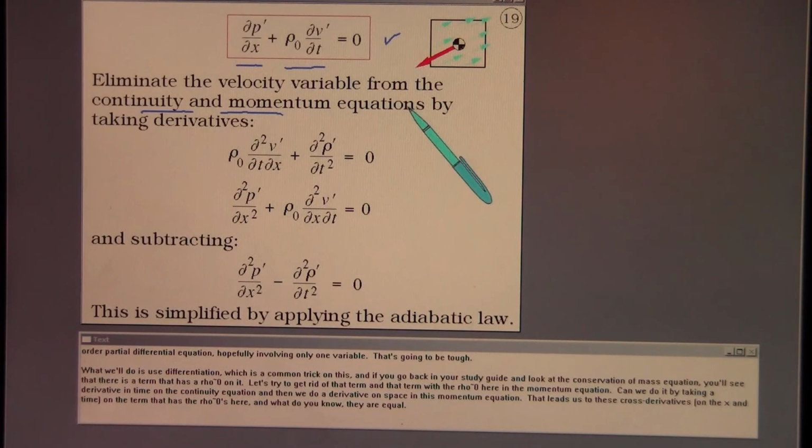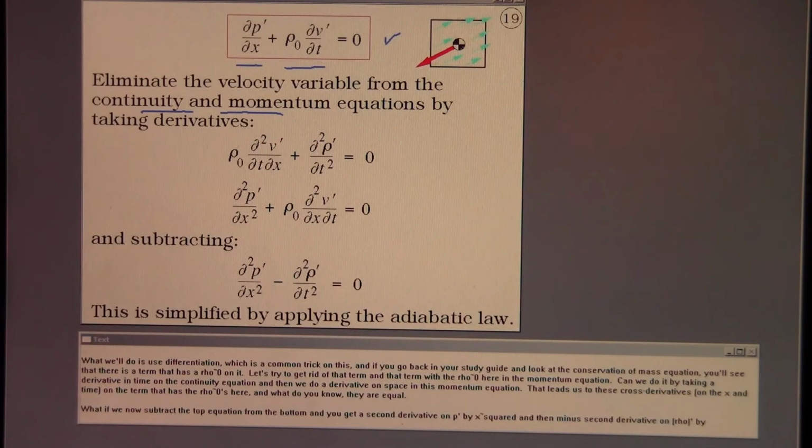What we'll do is use differentiation, which is a common trick on this. And if you go back in your study guide and look at the conservation of mass equation, you'll see that there's a term that has a rho 0 on it. Let's try to get rid of that term and the one here with the rho 0 in the momentum equation.